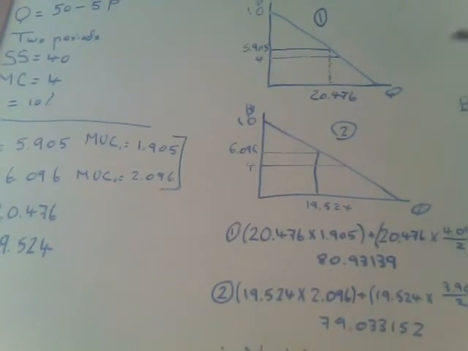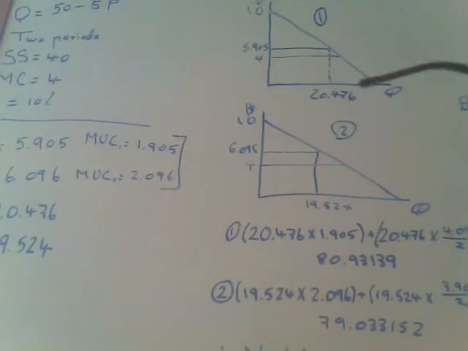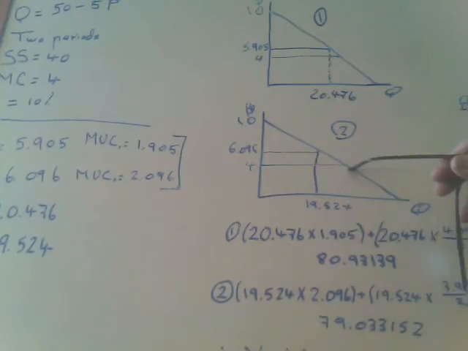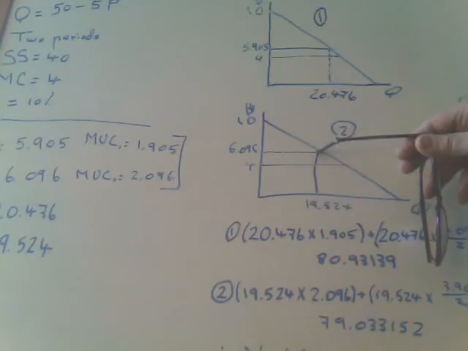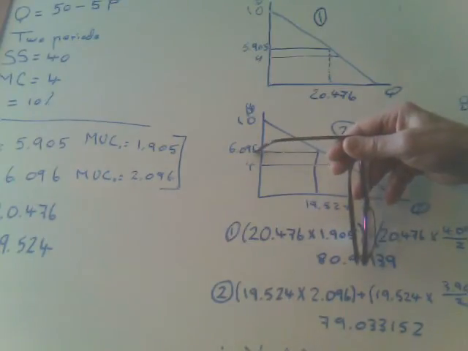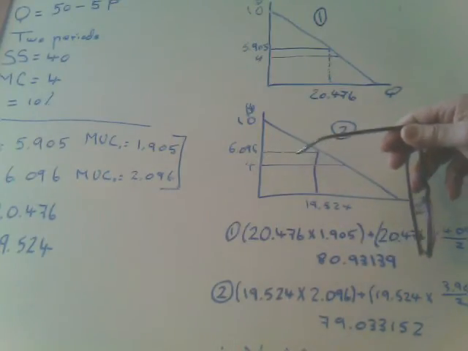We have to do the same thing for period 2. Now notice again, it's very simple. The demand curve, 10, 50. Marginal cost is 4. The quantity is 19.524, which gives you a price of 6.096.